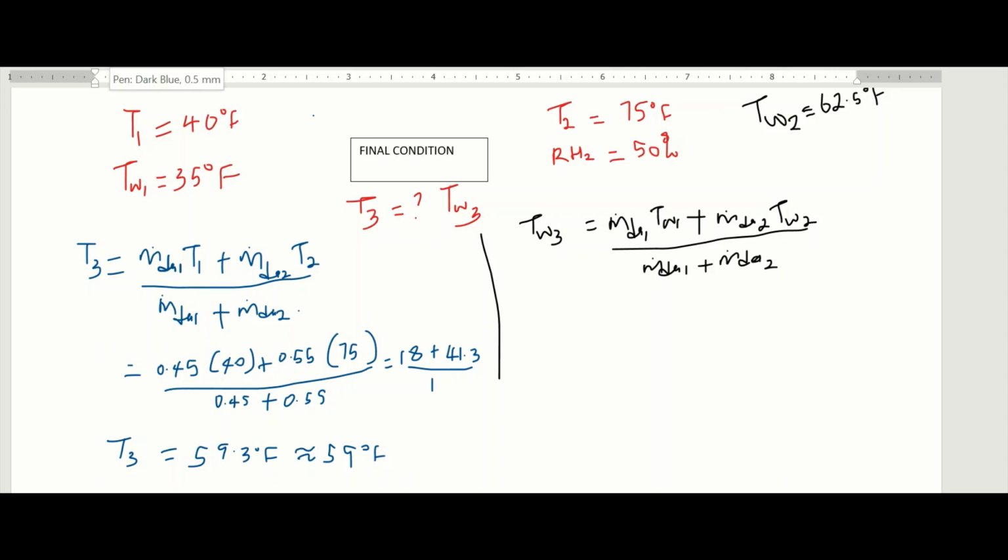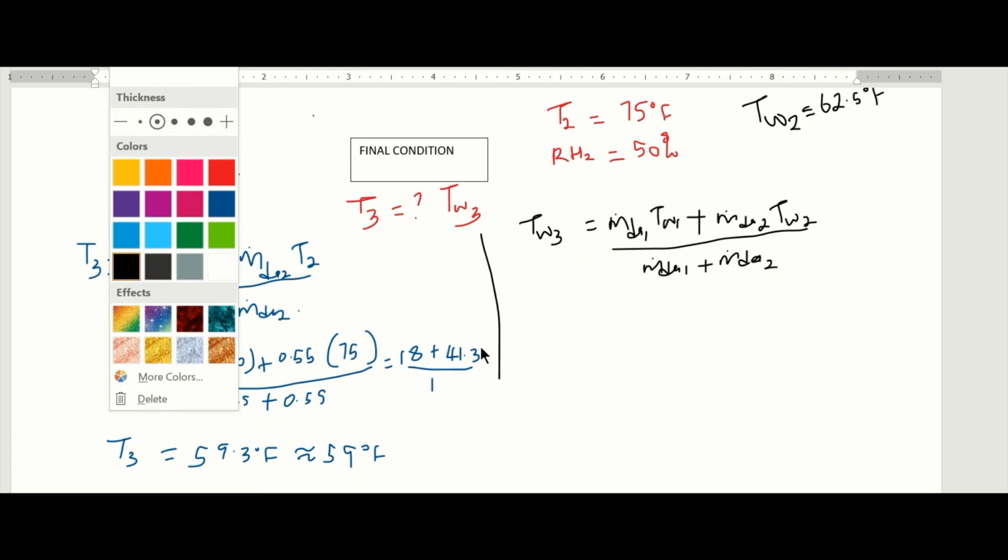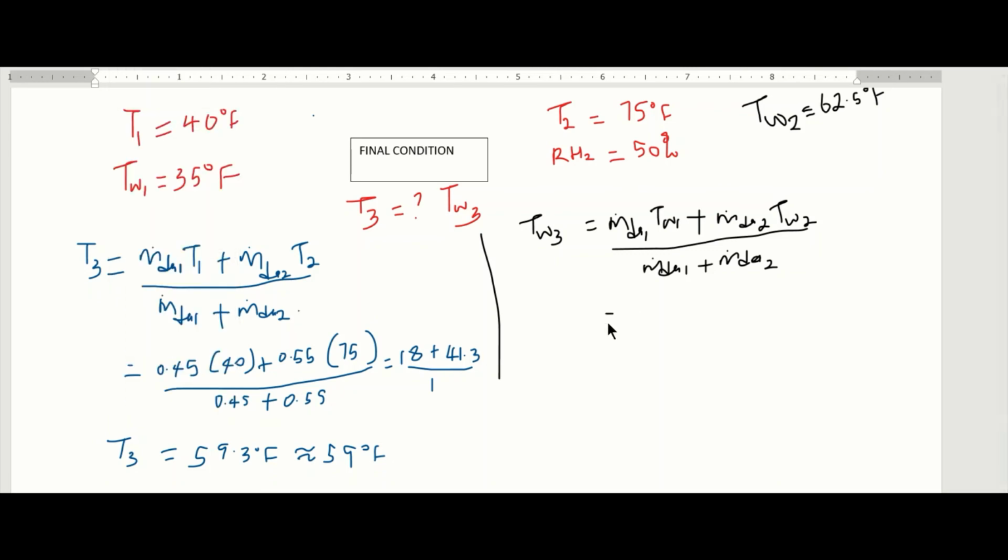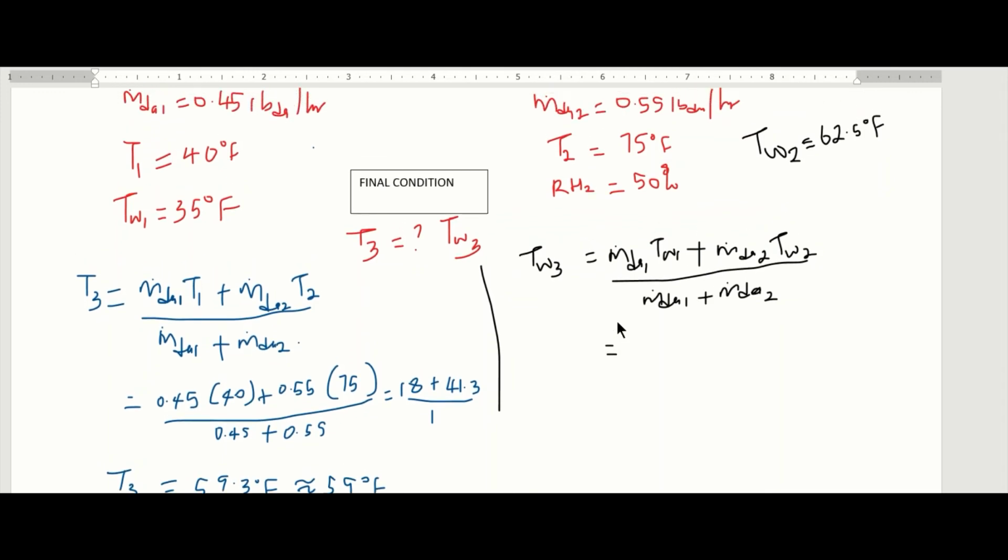Okay, let's look at our final condition for our wet bulb temperature. So again, we put in the values. The mass flow rate for state 1 is 0.45 times the wet bulb temperature at state 1, which is 35, plus the mass flow rate at state 2, 0.55, times the wet bulb at state 2, which is 62.5.